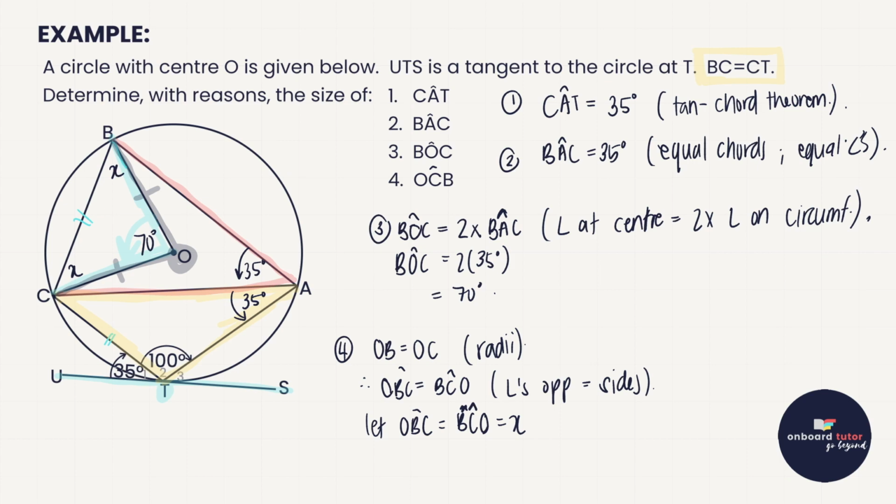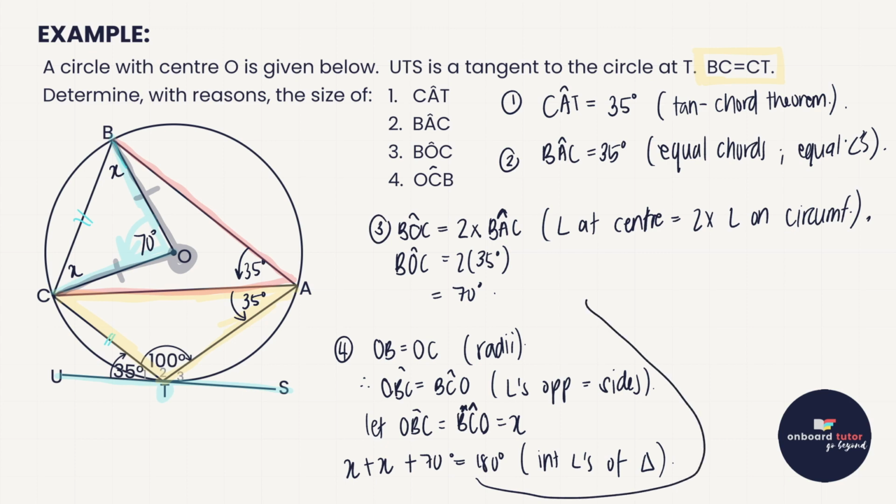And now what do we know about angles inside a triangle? x plus x plus 70 degrees equals 180 degrees. The reason there: interior angles of a triangle. Right, and now we'll solve.